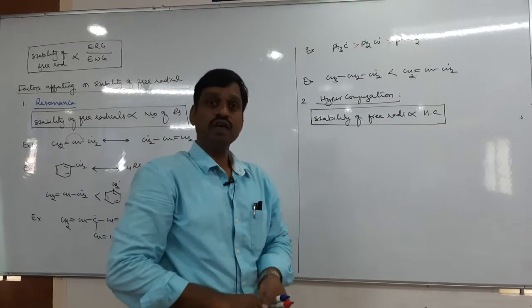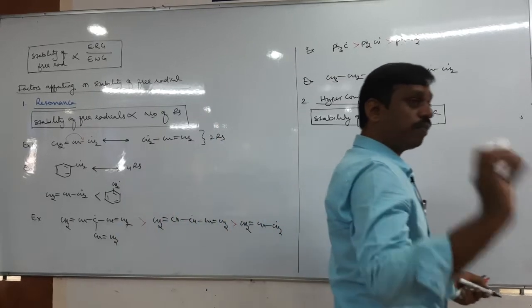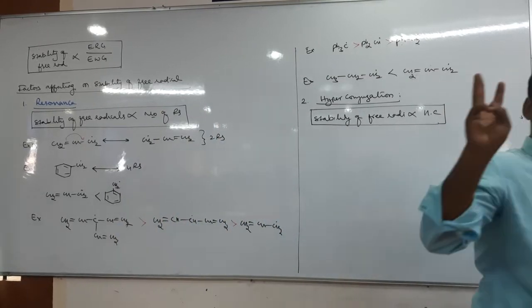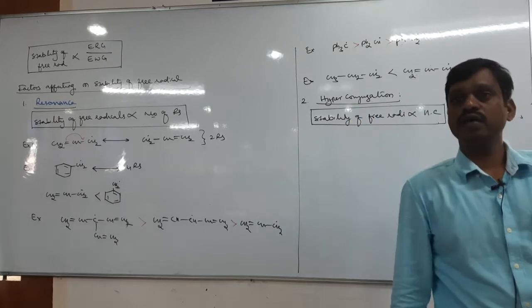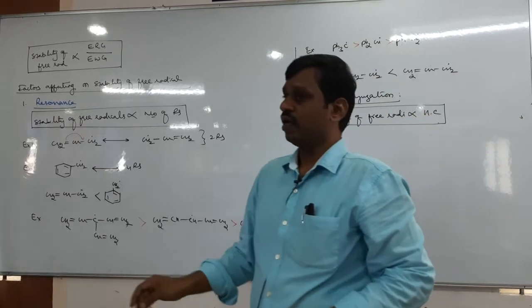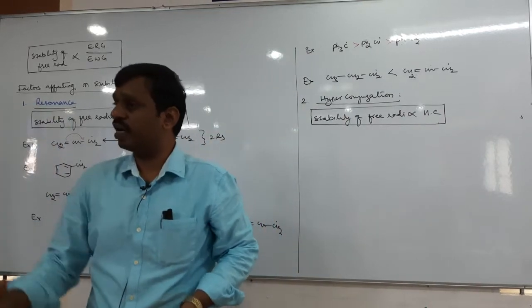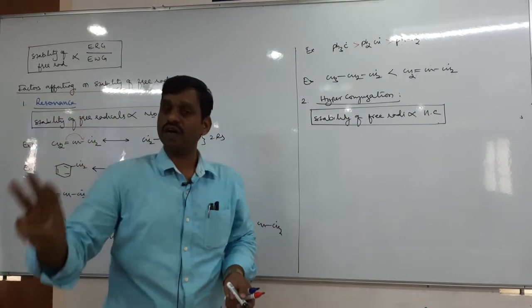But here remember, first of all, which molecules undergo hyperconjugation? There are 3 molecules: 1, carbocation; 2, alkenes; 3, free radical. So carbocation, alkene and free radical, only these 3 molecules undergo hyperconjugation.